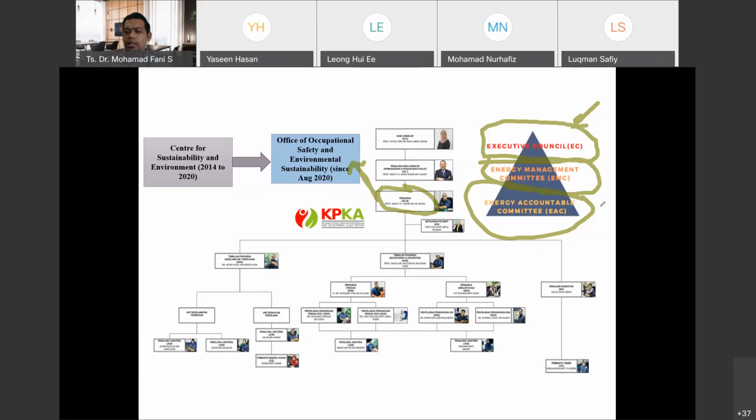And the EAC represents all the 21 buildings in the UTM main campus. I have been seconded here to be manager for the unit and the energy manager for UTM.